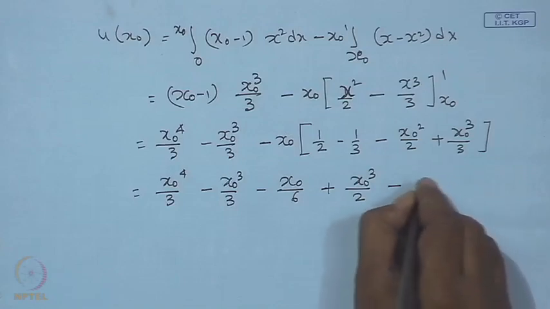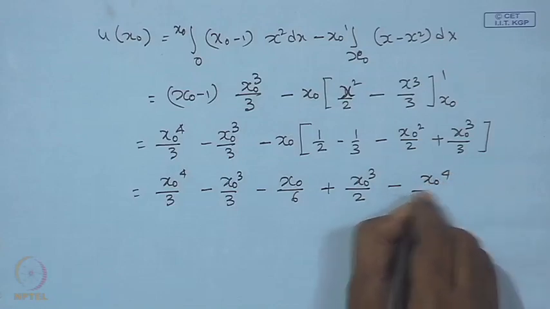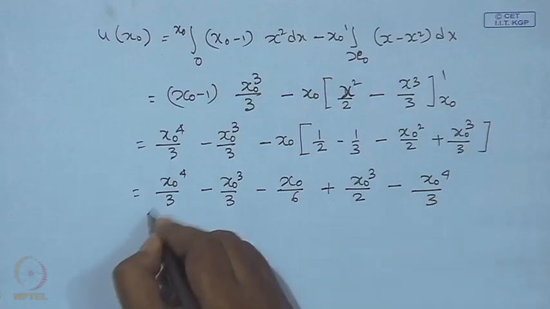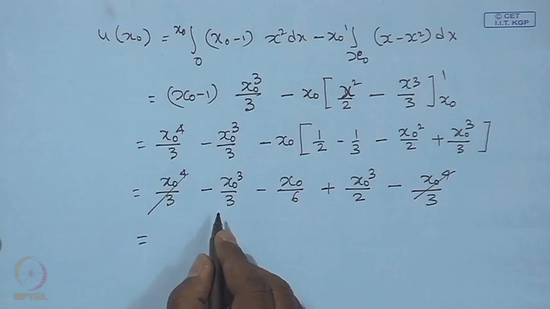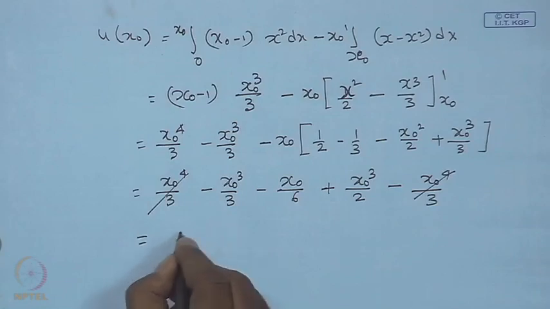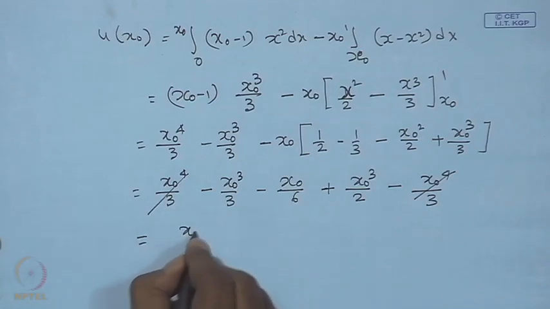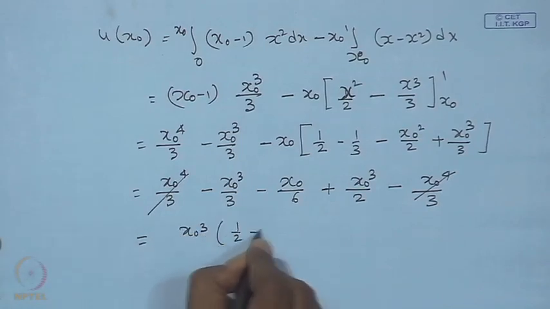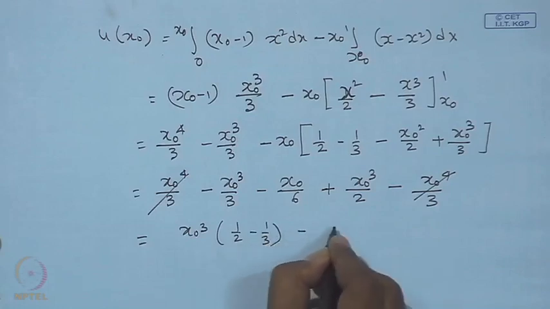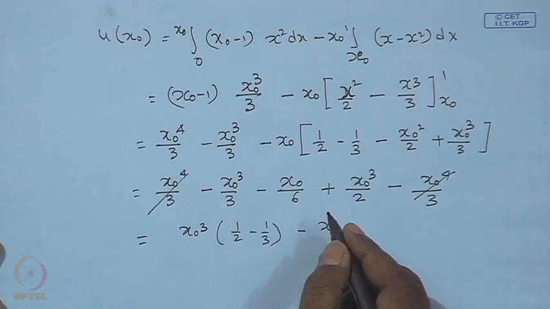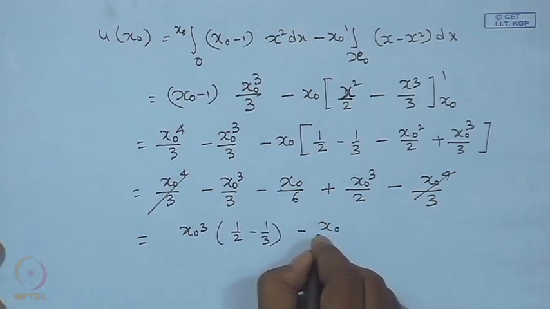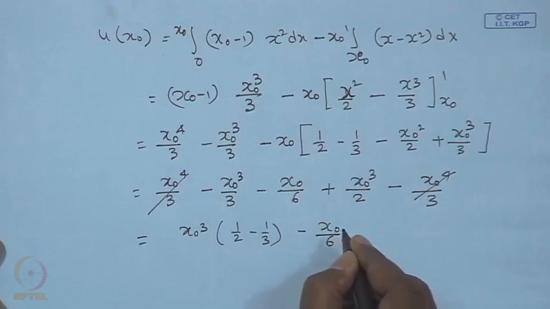So, it will be x naught 4 by 3. So, we cancel them out. So, what we get is 1 by 2 minus 1 upon 3 times x naught cube, minus x naught by 6.